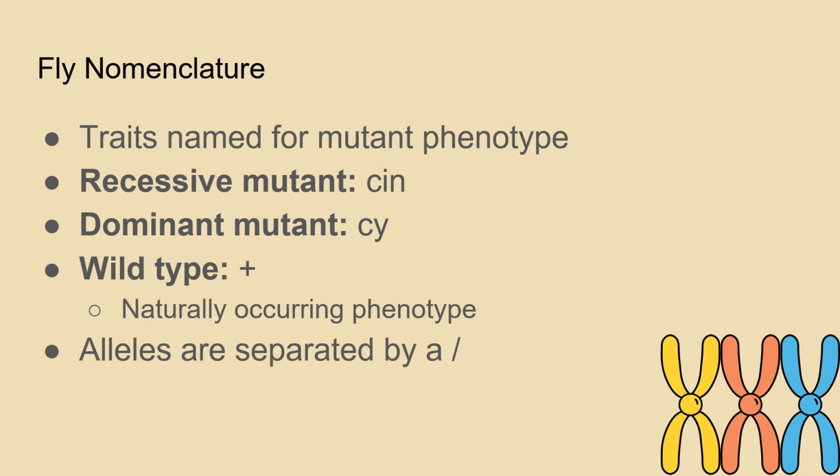And then the wild type will have a plus with it. What the wild type means is it's naturally occurring. And then your alleles are going to be separated with a dash. So, for example, you could do it like this. Again, these are just based off the mutant phenotype.